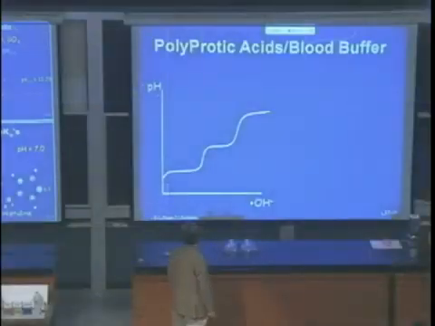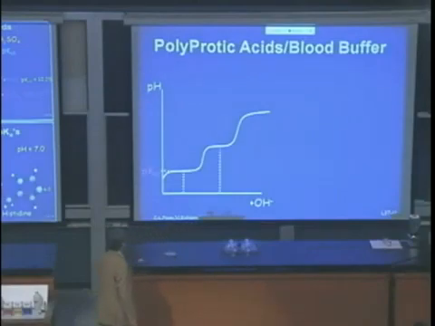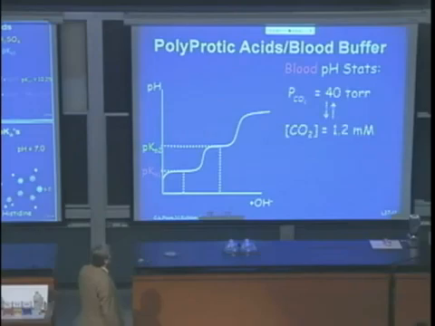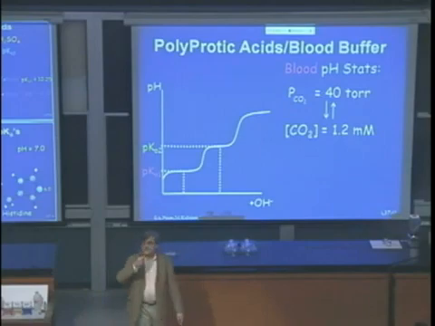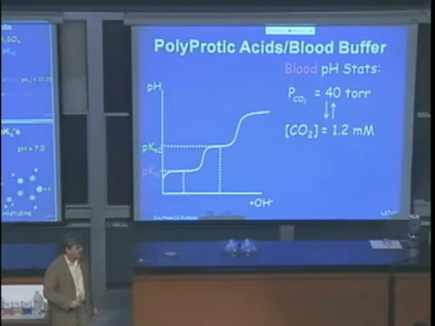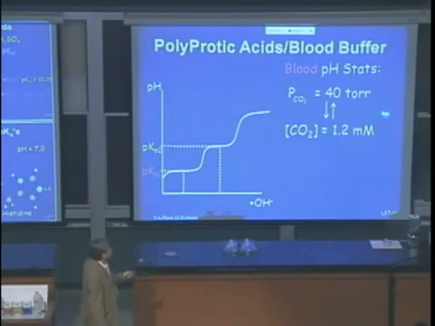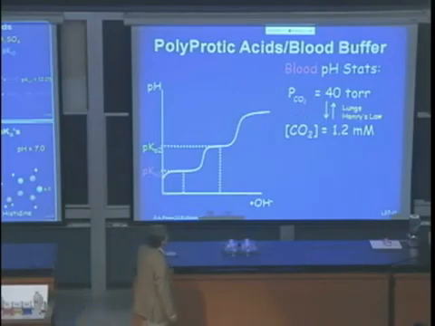For example, regarding the regulation in blood, the CO2 that you breathe in has a pressure of about 40 torr. That gives you a concentration of 1.2 millimoles of CO2. That's through the lungs, okay? And that's just Henry's law.